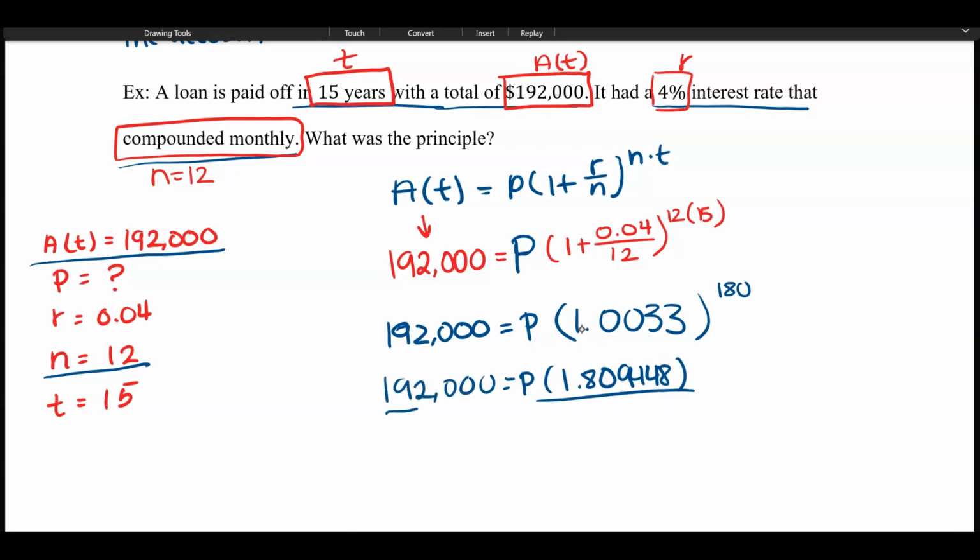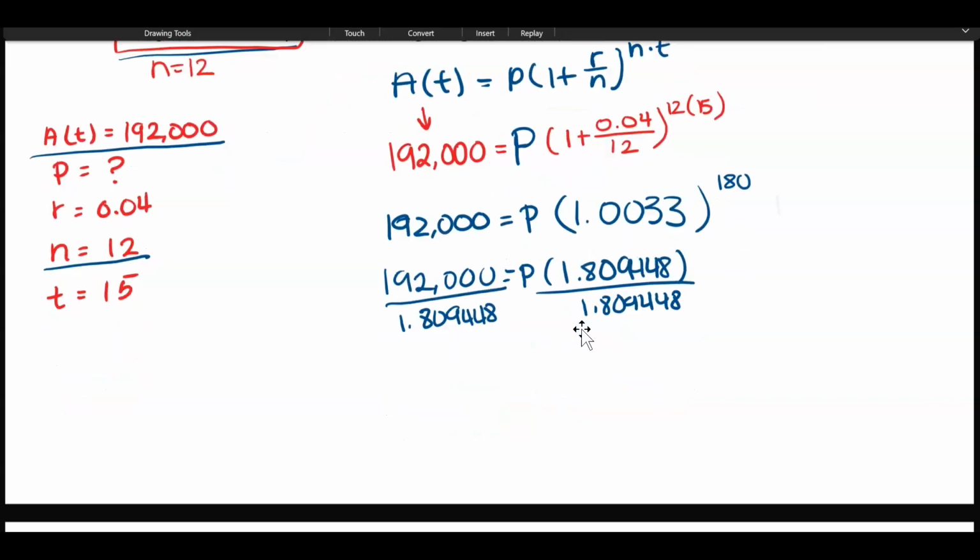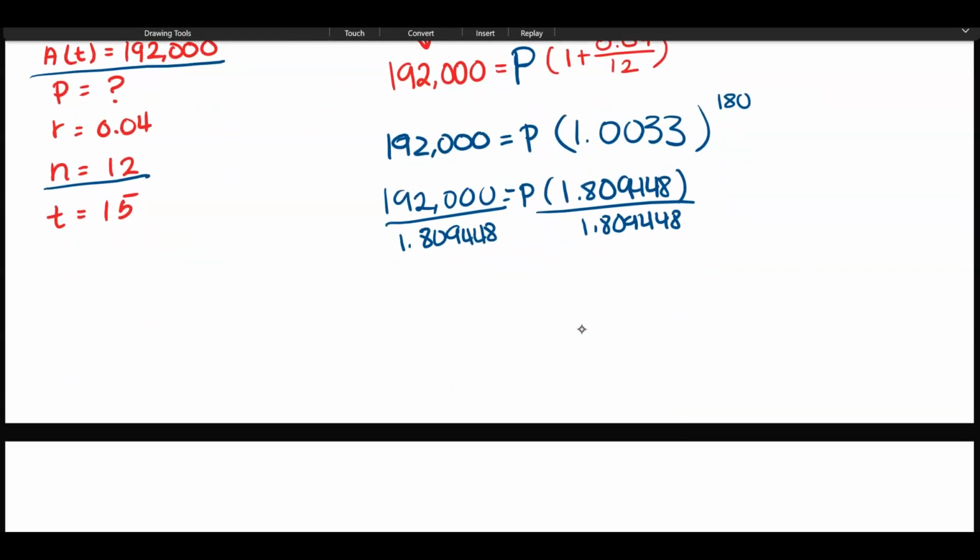So let's go ahead and divide both sides by 1.809448. So then, once the division occurs, this cancels out. So we're left with P equals 105,477.02.